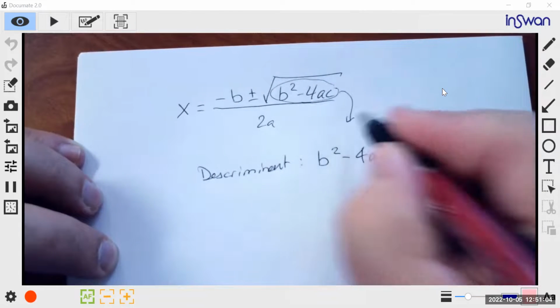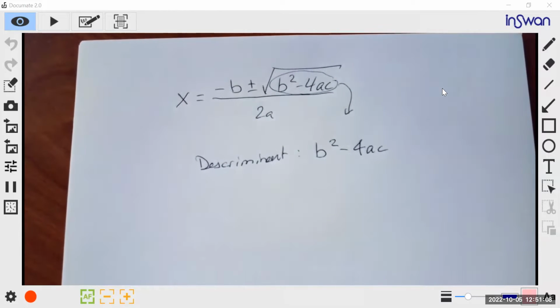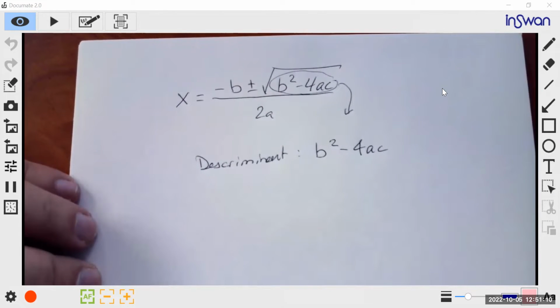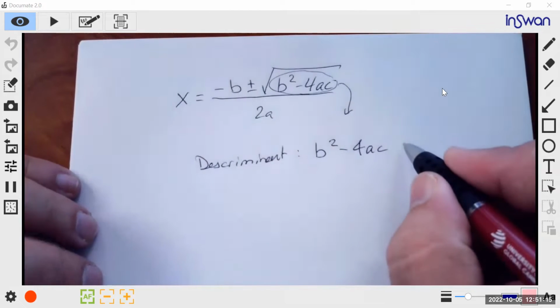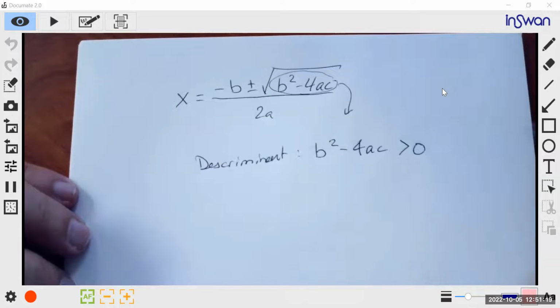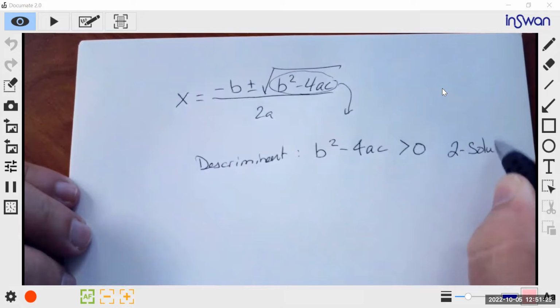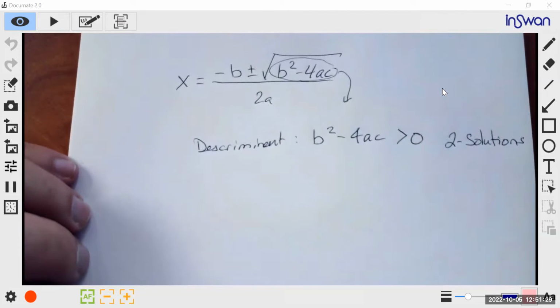It's what is inside the radical. Because 3 things can happen. If the discriminant is positive, then we'll have 2 solutions.